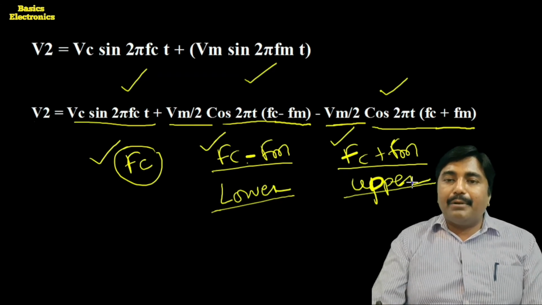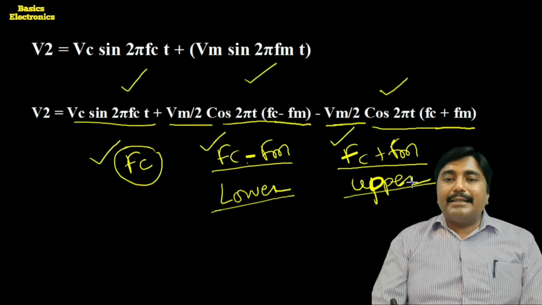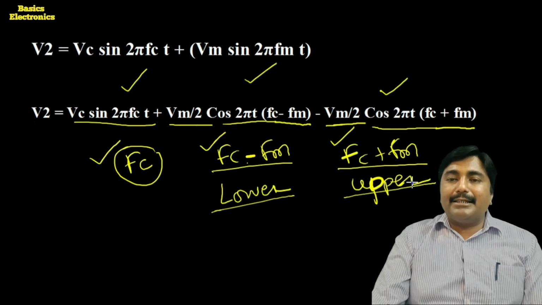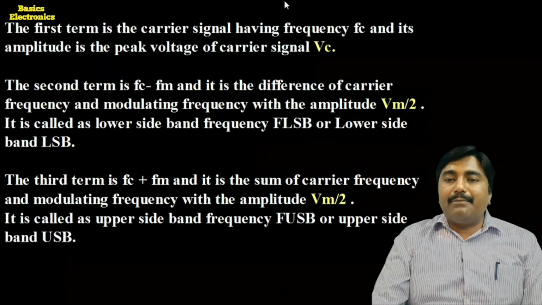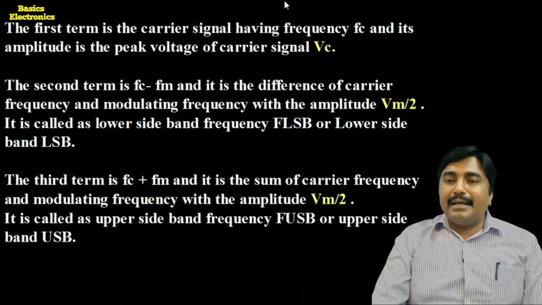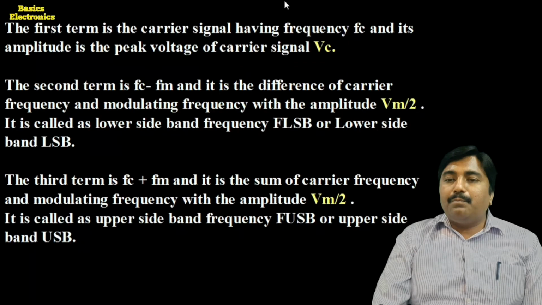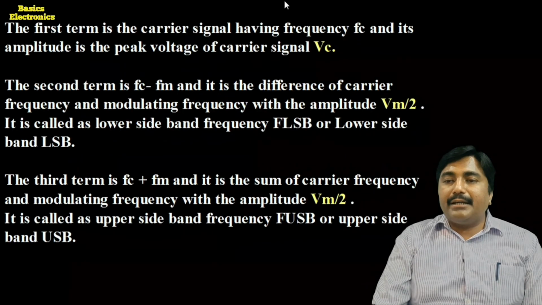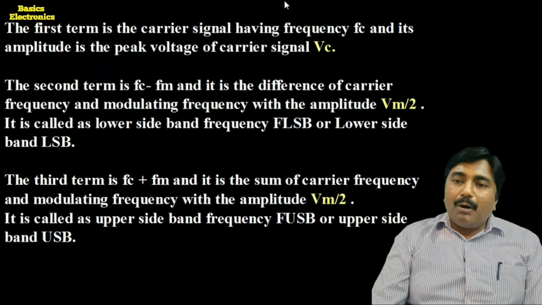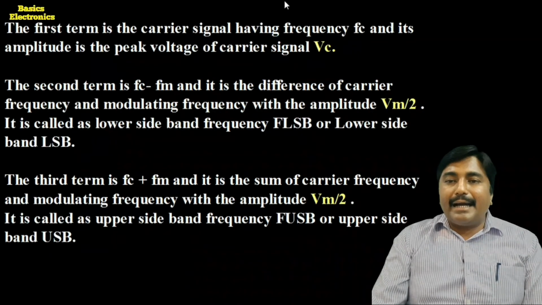frequency fc plus fm. As a part of the process, here we get the equation, and that equation is denoted by V2. V2 is equal to the carrier, that is Vc sine 2 pi fct, plus the product of the modulating signal and the carrier signal.